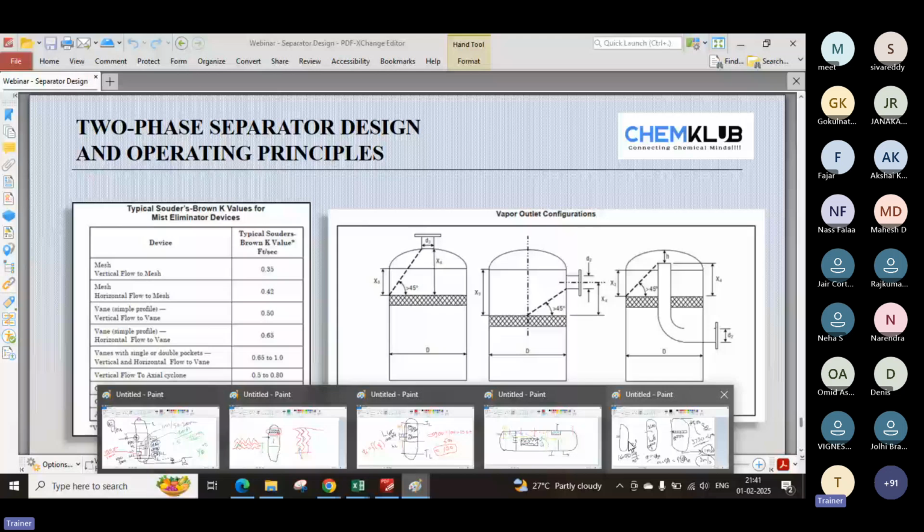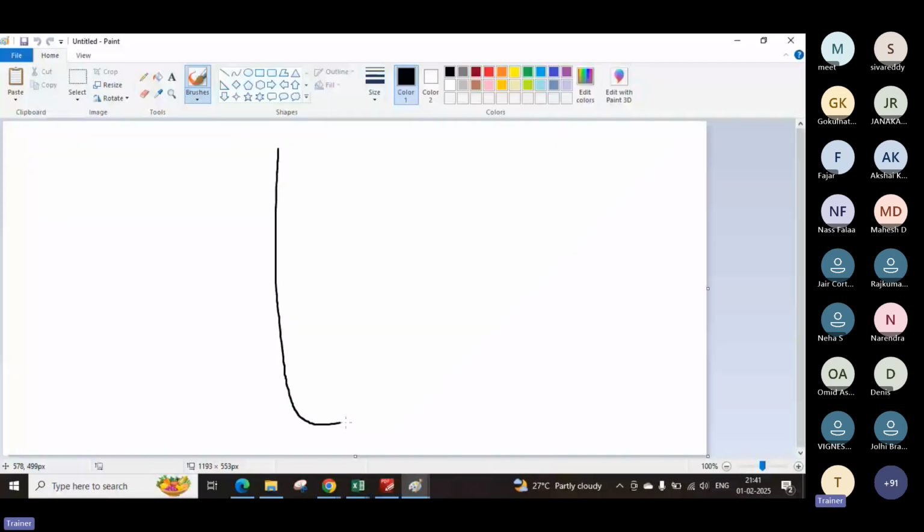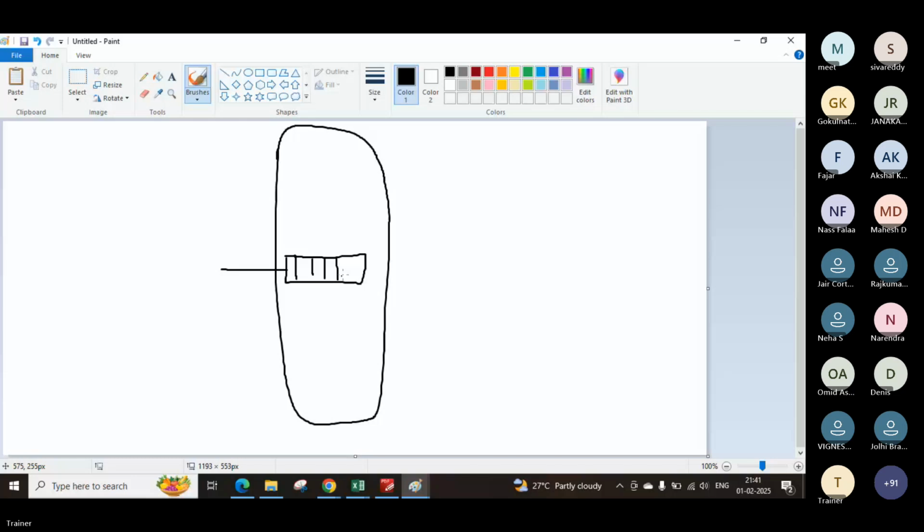Let me clear this. I will try to tell you one typical case that I have seen. There is a Schoepentoeter as an inlet device. Then we have a vane pack, then we have a mist eliminator, or sometimes you have cyclone separators too.